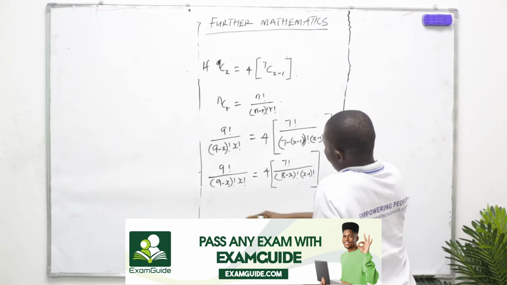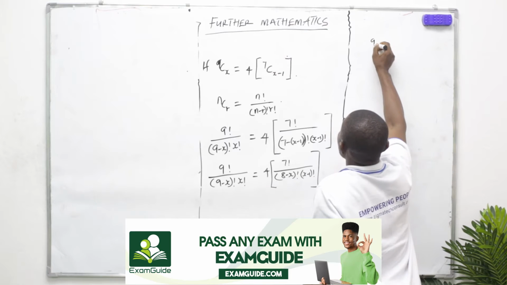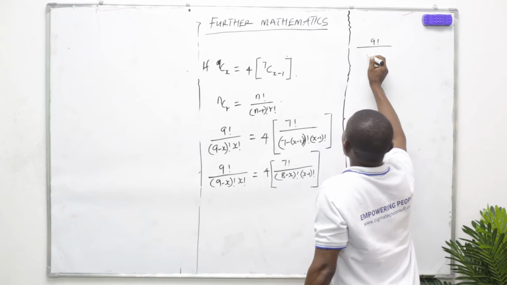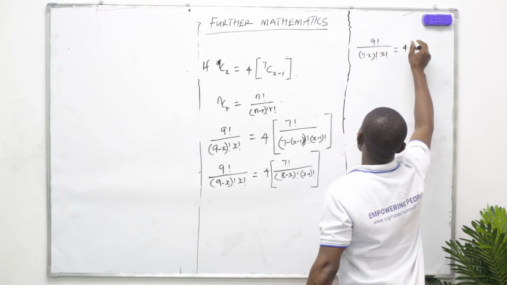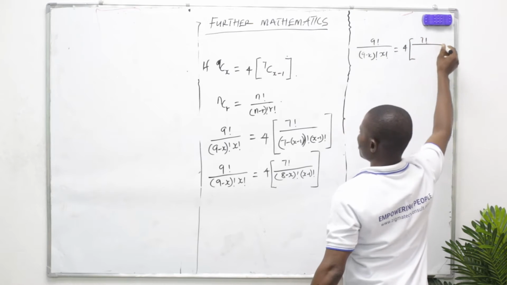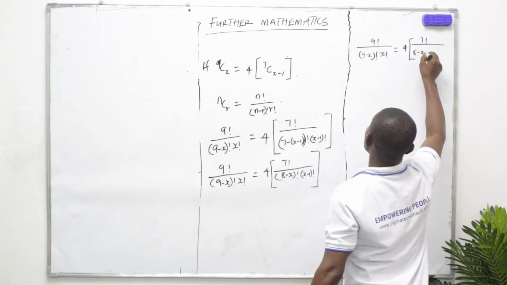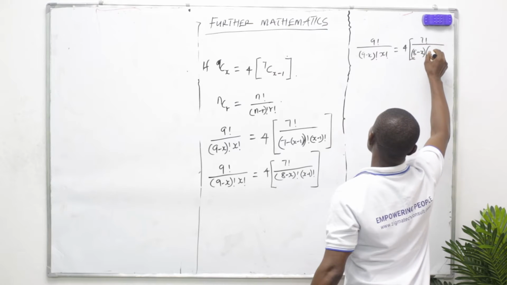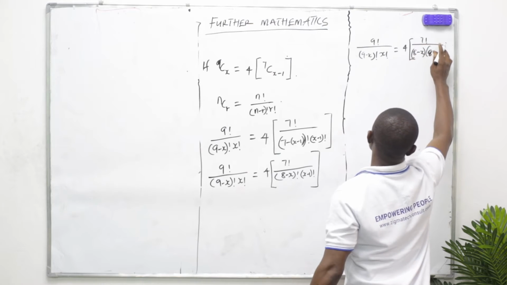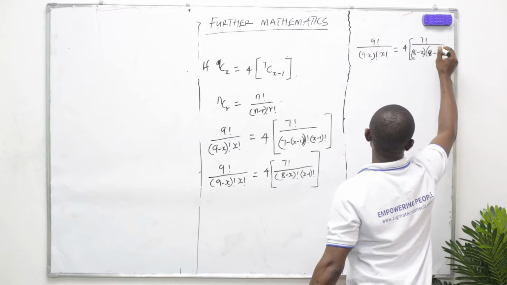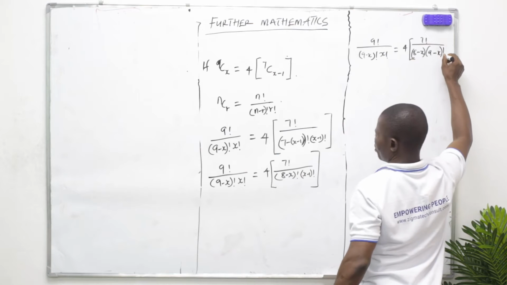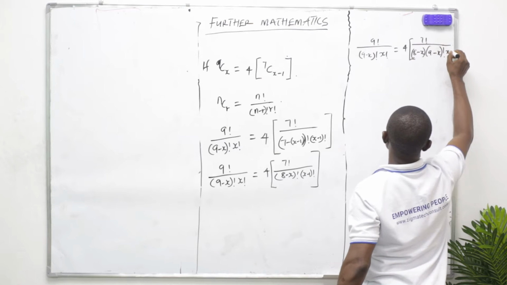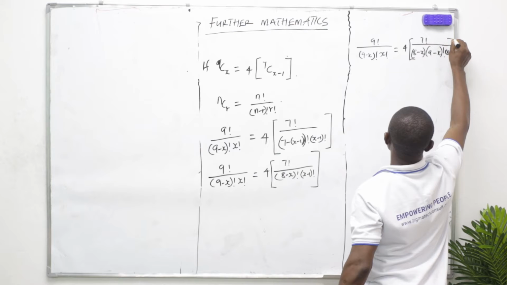So I have 9 factorial all over 9 minus s factorial into s factorial equals 4 into 7 factorial all over 8 minus s factorial into s minus 1 all factorial. Close it.